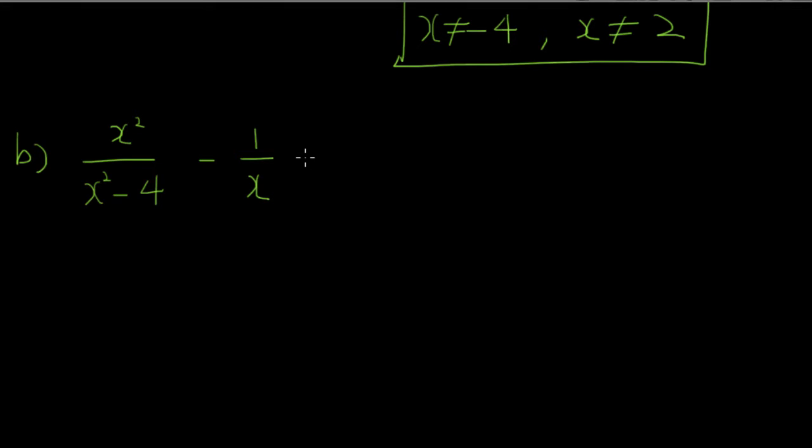So same trick. A little too long. x squared and x squared minus 4. To that, we're going to multiply the other parts. x here times x there.